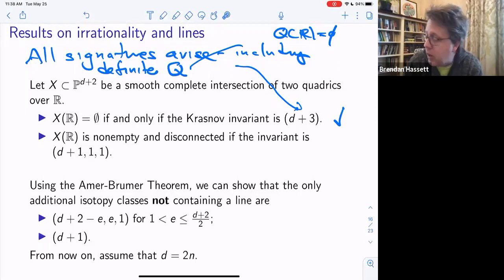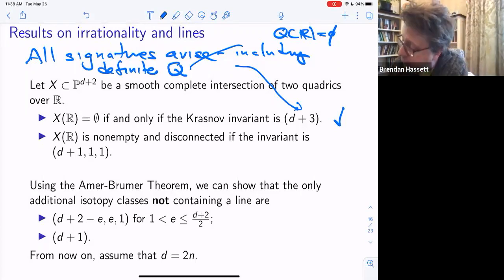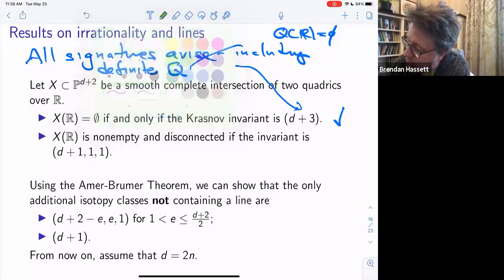For example, you could have an elliptic curve in P3 that's a complete intersection of two quadrics. And the real points there, you can see pretty clearly that they can be disconnected. You can have two distinct ovals. And those are classified in terms of the Krasnov invariant.